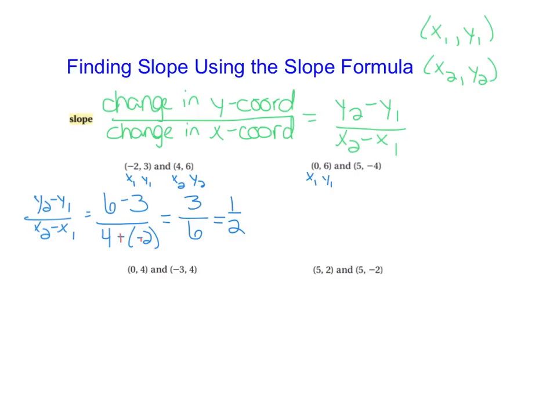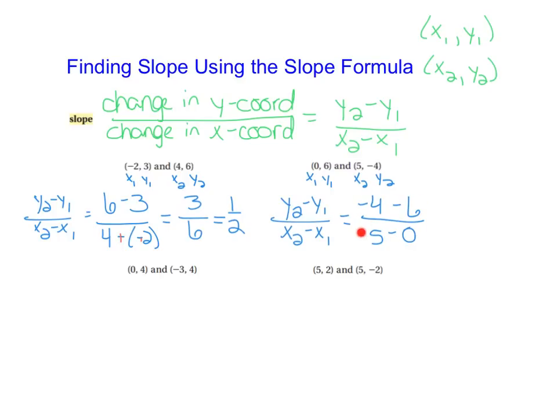Now, let's look at another one. X sub 1, y sub 1 over x sub 2, y sub 2. Write your formula. Y sub 2 minus y sub 1 over x sub 2 minus x sub 1. I'm going to substitute. Y sub 2 is negative 4 minus y1 is 6 over x2 is 5 minus x1 is 0. Notice I put my y's on top, my x's on bottom.